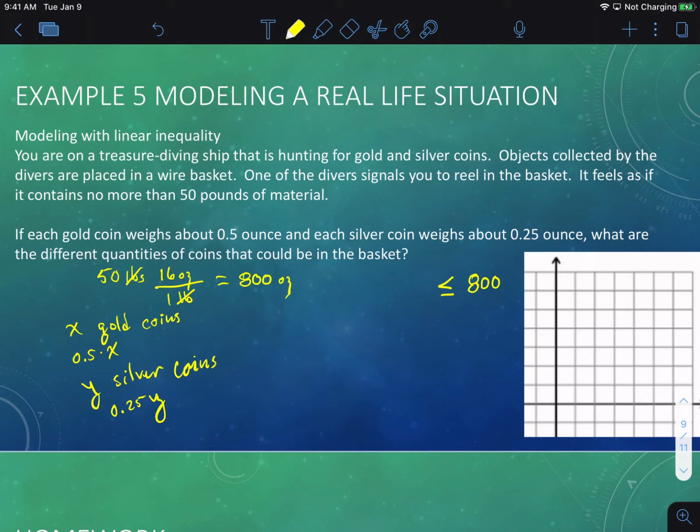So if we take those two expressions and add them together, 0.5x plus 0.25y, then the entirety of that will be less than or equal to 800 ounces.